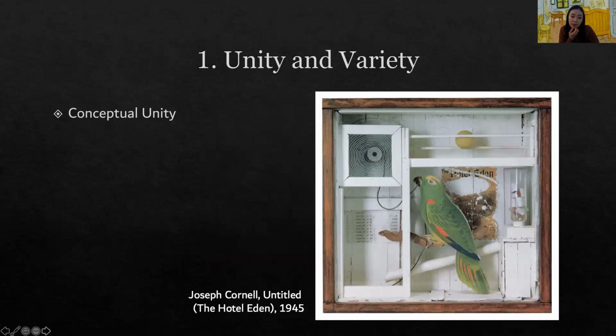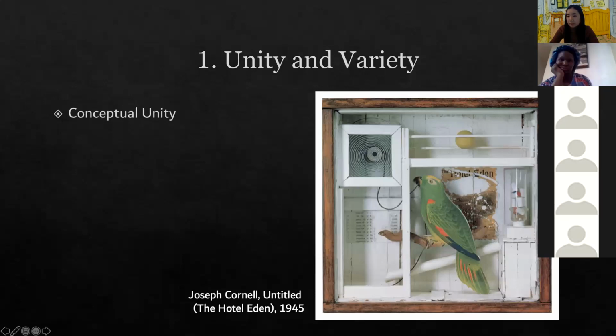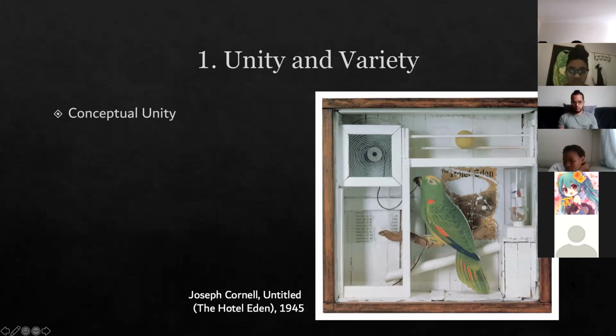So here's another example of conceptual unity. There are lots of objects you can see in this box. What kind of object can you see here?